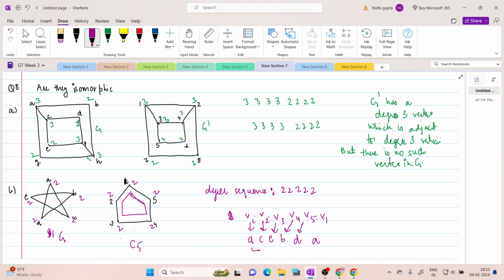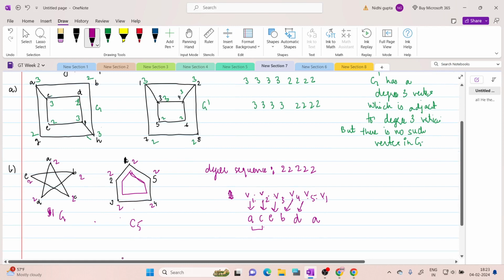And here also these are the only possible edges: AC, CE, EB, BD, DA. So they are isomorphic. This is the map. Is it clear why it is isomorphic?